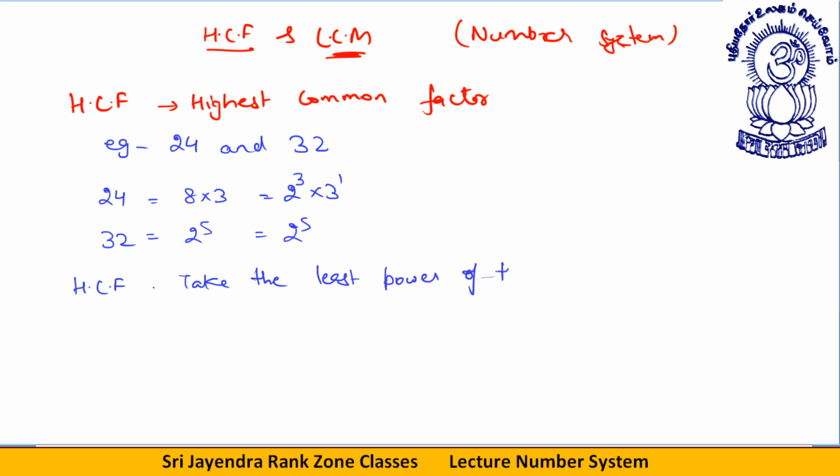Here we have 2 and 3 only. 2 raised to the minimum power is 3, and 3 to the minimum power is 0. So the HCF is 8. I hope so far things are clear to everyone without any doubt.